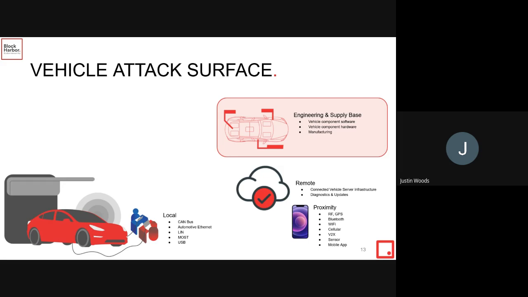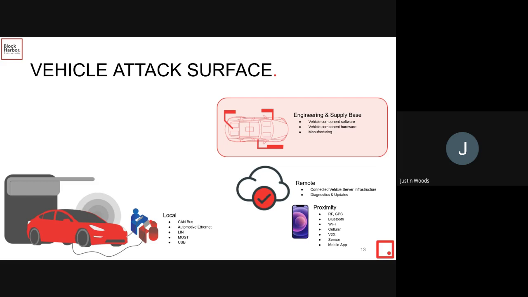So that might be done remotely, but you can also use it in proximity. Sometimes there's some Bluetooth capability there to unlock your vehicle from a closer distance, or using it as a separate key. And then we also have RF: GPS, Bluetooth, Wi-Fi, cellular, vehicle to anything else, so V2X, and sensor.